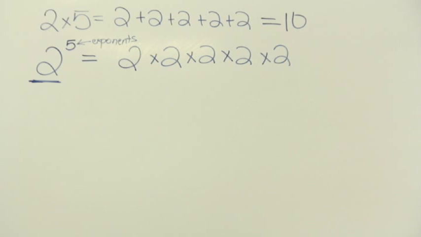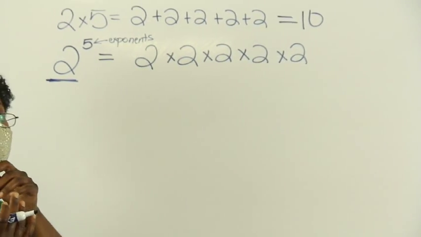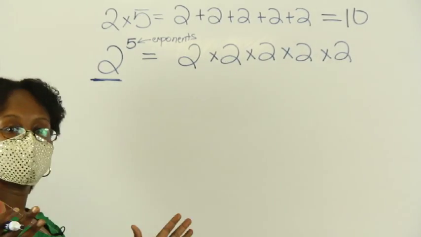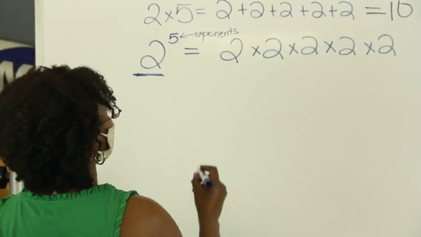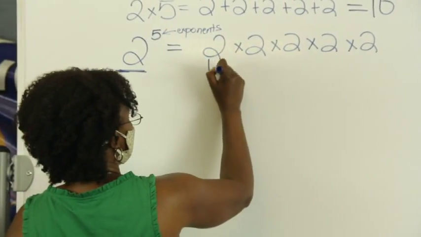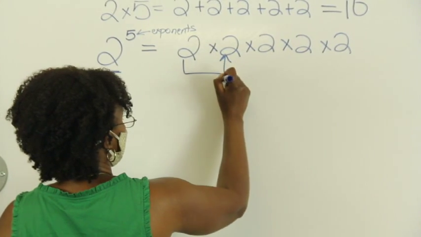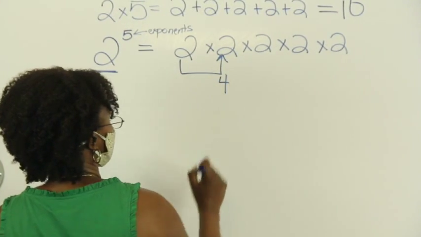Okay? Now, what you can do to solve it is put it in the calculator. But of course, we're not going to do that because that's just too easy right now. So we're going to work it out like this. 2 times 2 is 4.